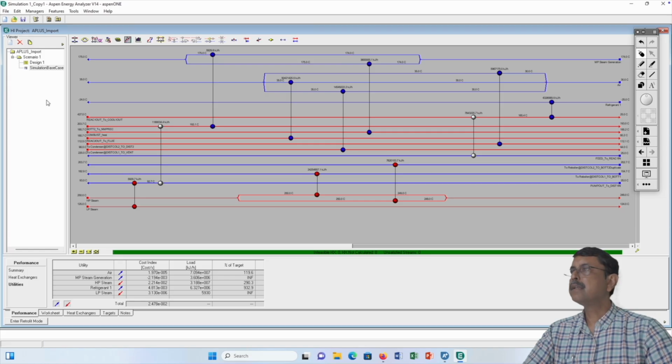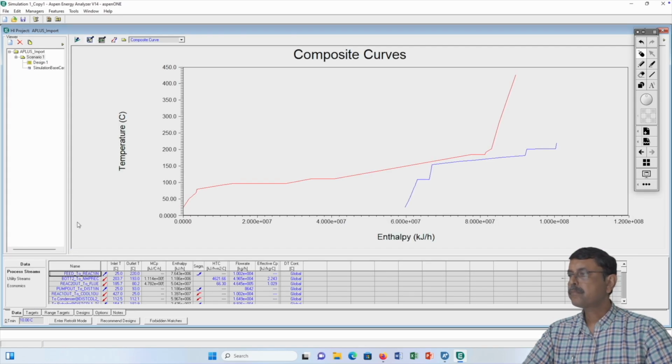In the Aspen Energy Analyzer, go to scenario. In the scenario, it will ask to recommend design. Now, this is the composite curve. And the pinch point will be somewhere over here. Here, you have the option for recommend design.